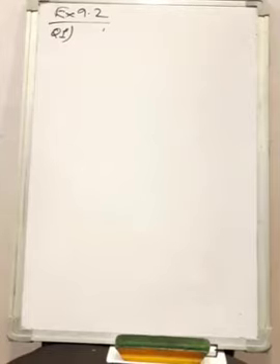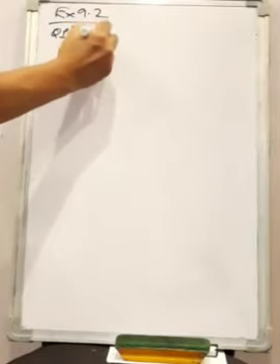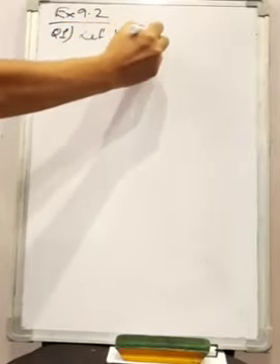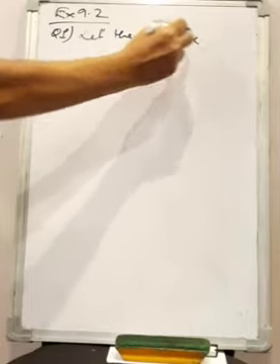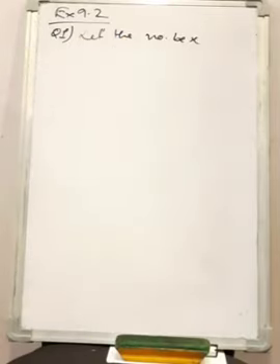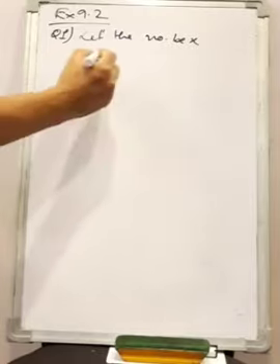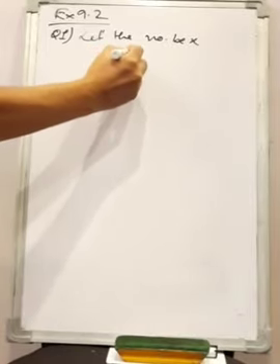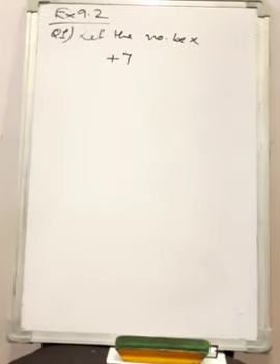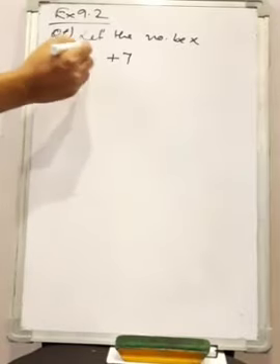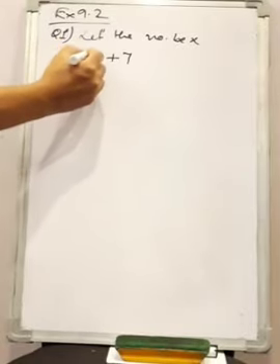Question number 1 says, if 7 is added to 5 times a number, the result is 57. Now here the number is not given, so let the given number be x. Now it says 7 is added. So 7 is added how? Plus 7. 7 is added to what? 5 times the number.